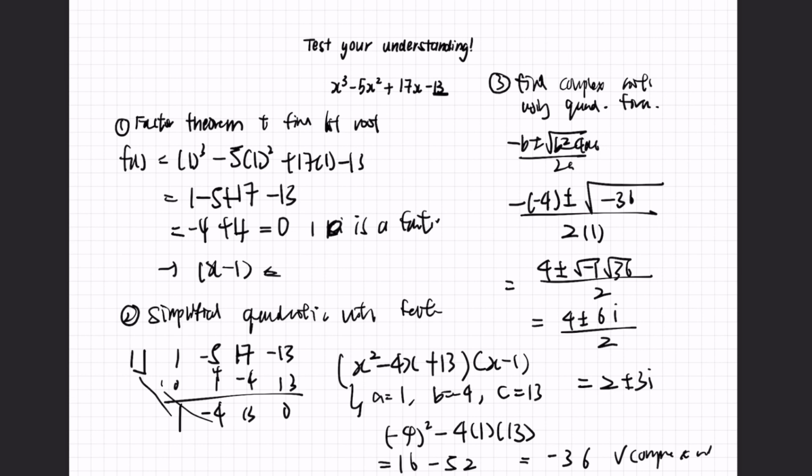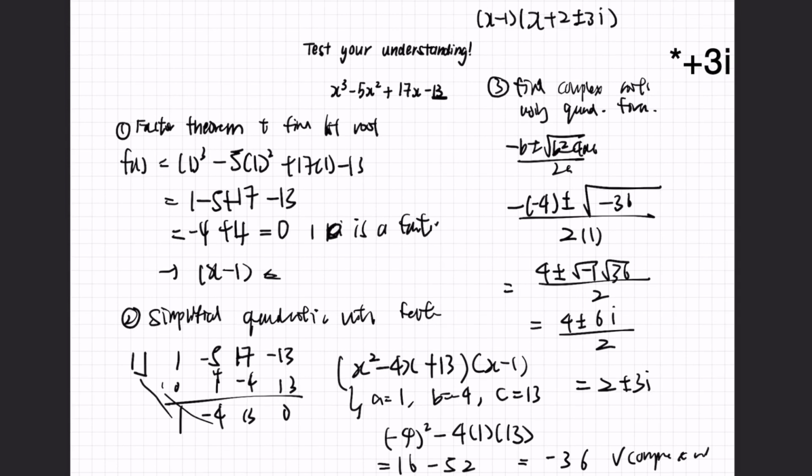It's the root, and then as I said, conjugate pairs. So the final answer would be x minus 1 times x plus 2 plus minus 3i and x plus 2 minus 3i.